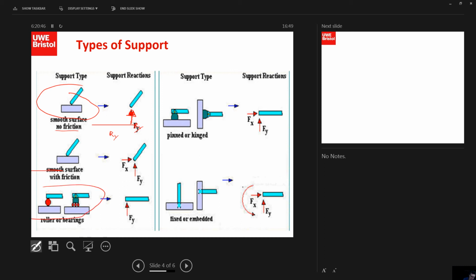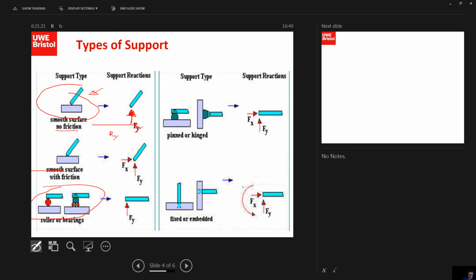These ones here are symbols that we would typically see on configurations that really represent this thing here. So we might see symbols of something that looks like a ball, where we've got a rod being allowed to move left to right, or here we've got a kind of fixed hinge where this beam is again allowed to move left to right, on these little coasters which let it move left to right.